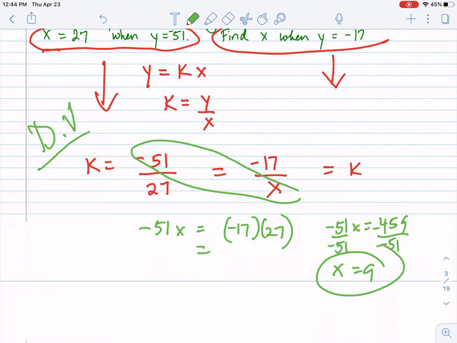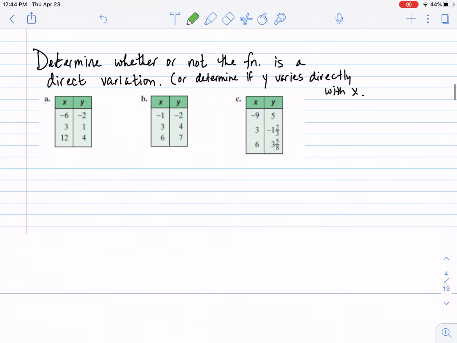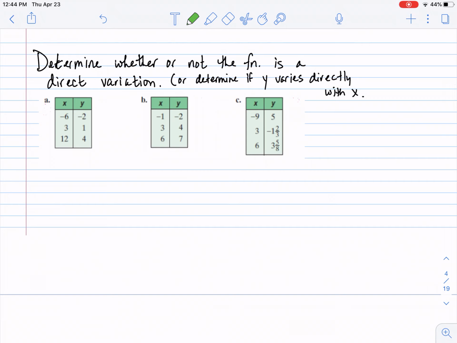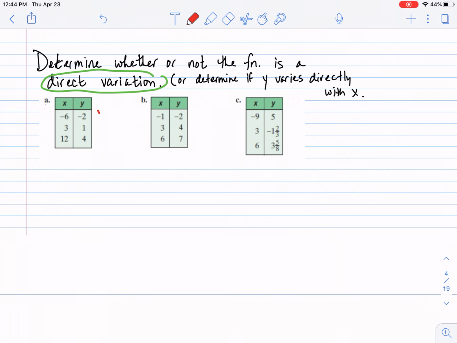If I'm going to do an inverse variation, I'm going to skip this because we did these before. Actually, I'll do one of them. Just to remind you, if I was looking for which ones were a direct variation, I would look at each k. k in this case is always going to be y divided by x for a direct variation. So k in this case would be negative 2 divided by negative 6, which comes out to be 1/3.